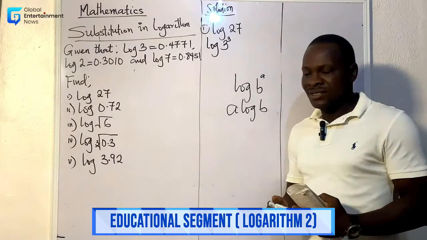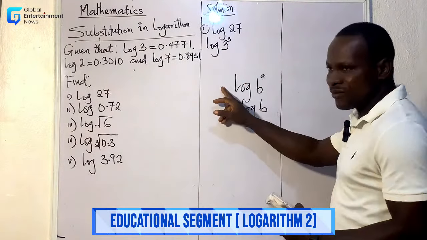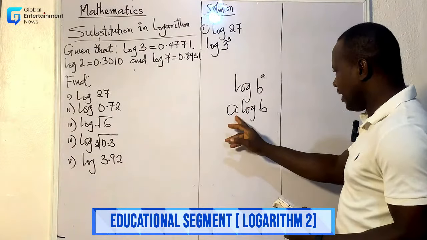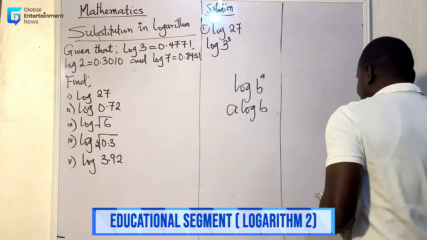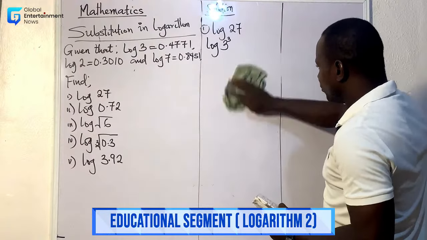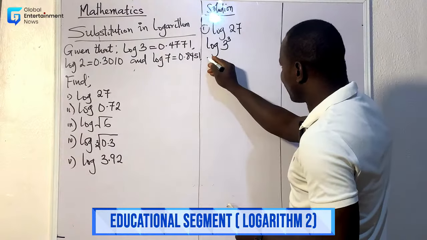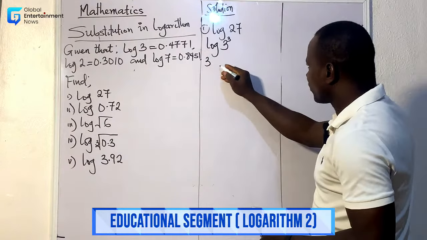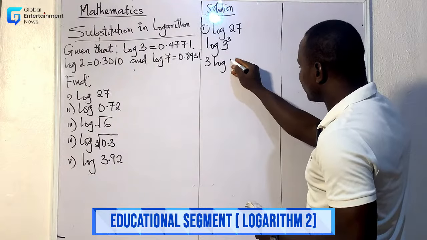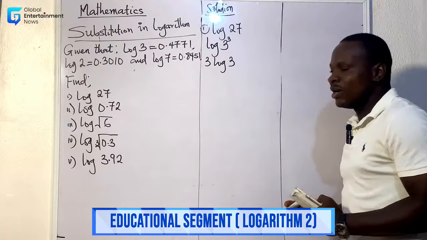We carry the power to the front, giving us a log b, and that is the same principle we are going to use here. Now, what do we have here now? We carry the 3 to the front. It will now be 3 log what? Log 3.